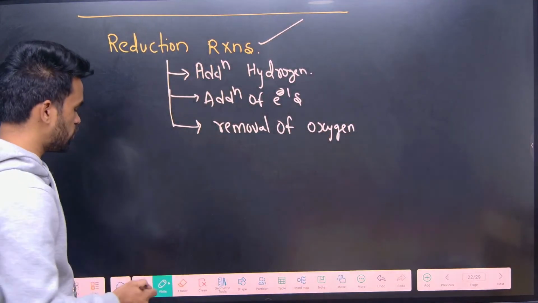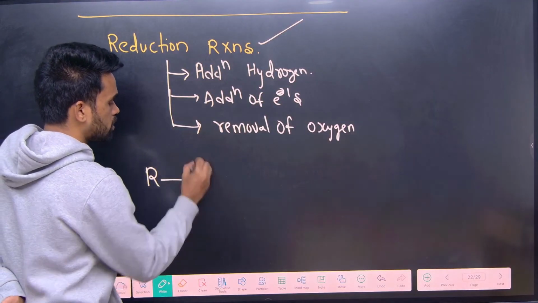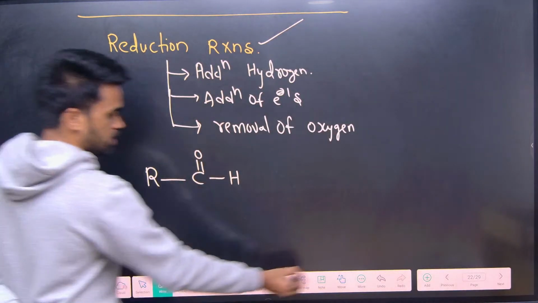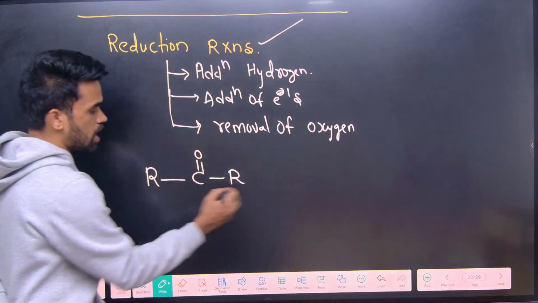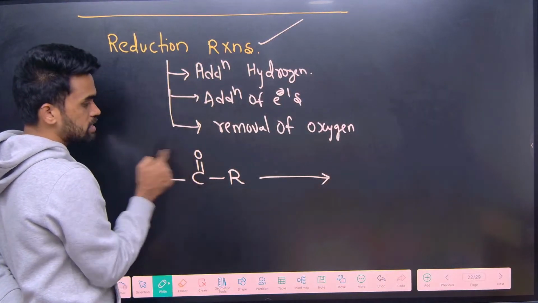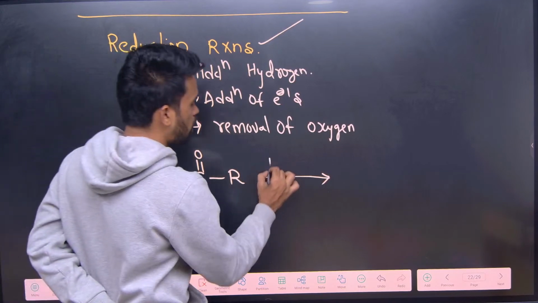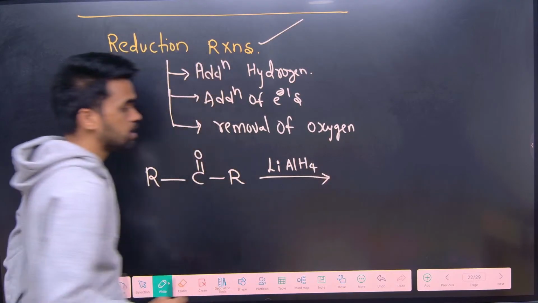Let me show you one example. Here we have a carbon with a double bond to O, and some alkyl group R. To this carbon, oxygen is attached. Do we have any hydrogen here? No hydrogen, but what I am using here is something called a reducing agent.